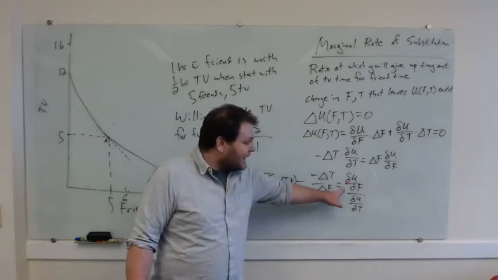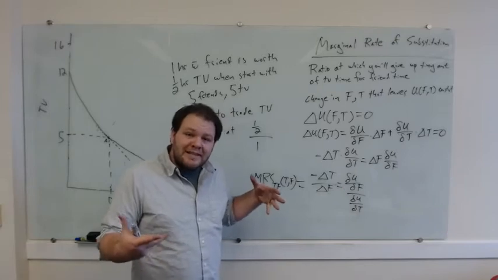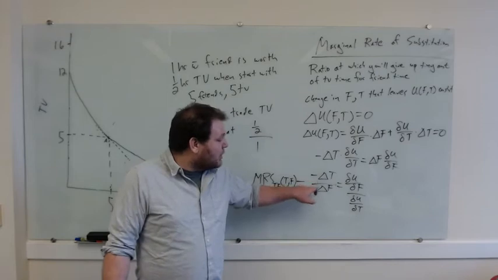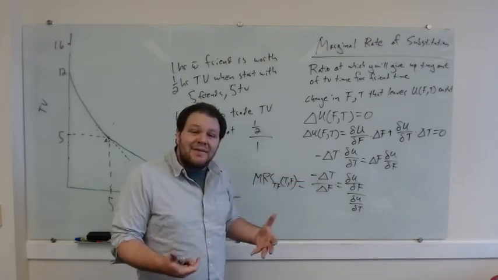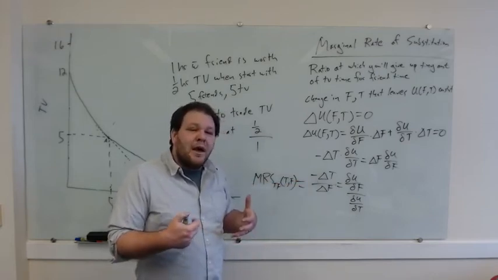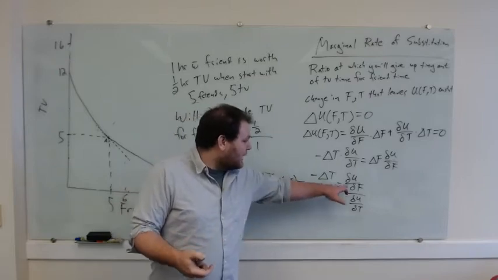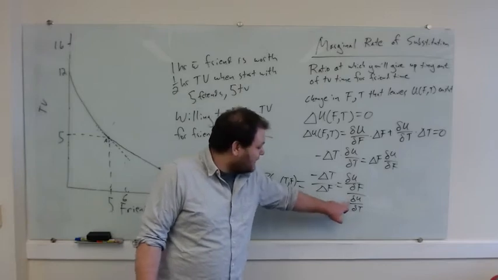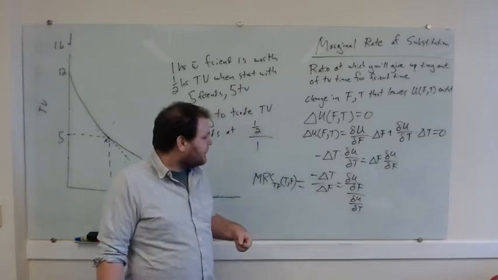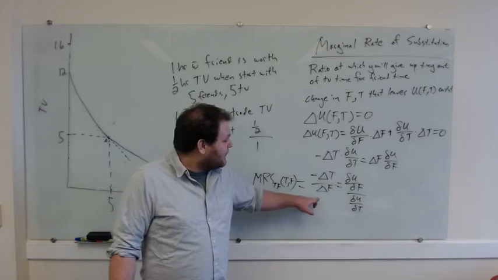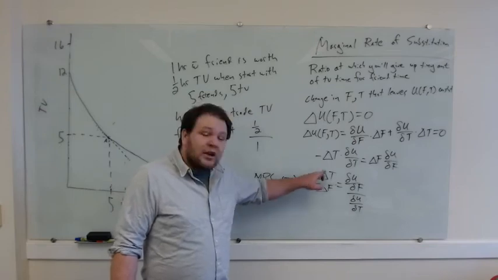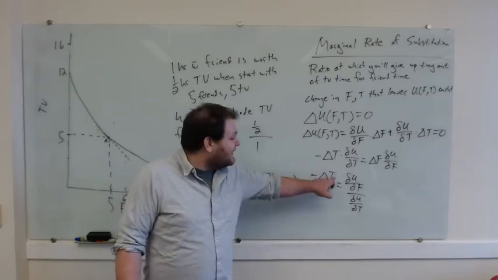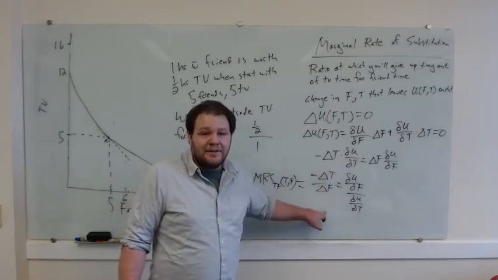If the marginal utility of friend time goes up, meaning I increase the value I place on time with my friends, then I'm willing to give up more TV time in order to get more friend time. If I value TV time more, if the marginal utility of TV time goes up, then my ratio is going to go down. I'm going to value TV time more, so I'm going to be willing to give up less TV time for each unit of friend time.